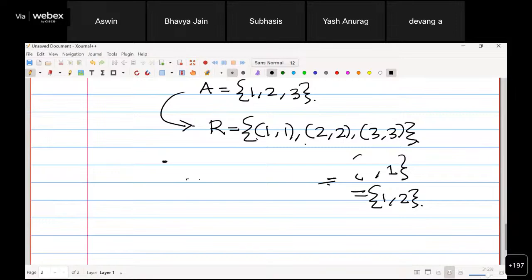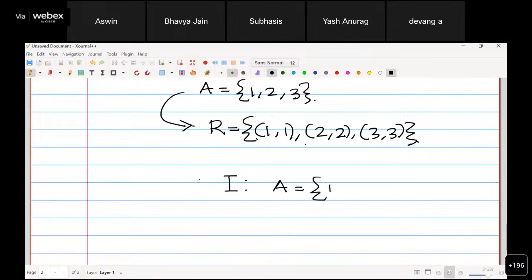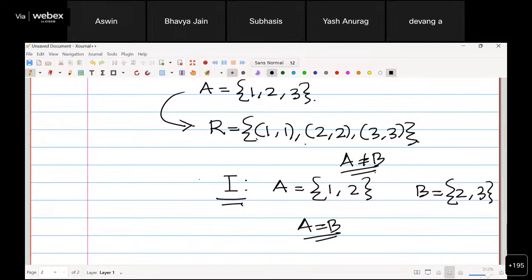An identity relation, by definition, you define from a set to itself. You can't give an identity relation from 1, 2 to 2, 3. By definition this is not allowed, because here A and B are different. You can only define an identity relation when A and B are the same. Okay.